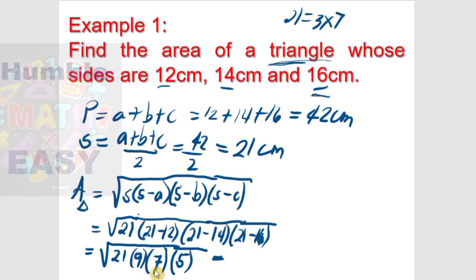So we take the product of all: 21 times 9 times 7 times 7 times 5, and we have 6,615.